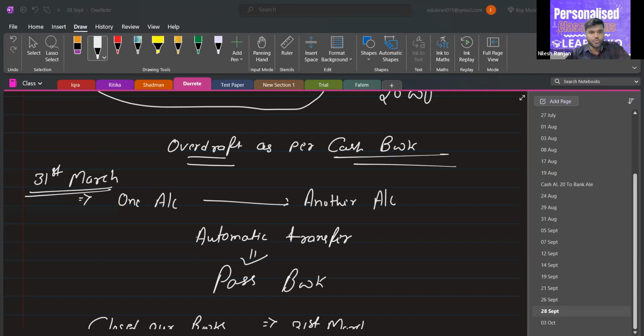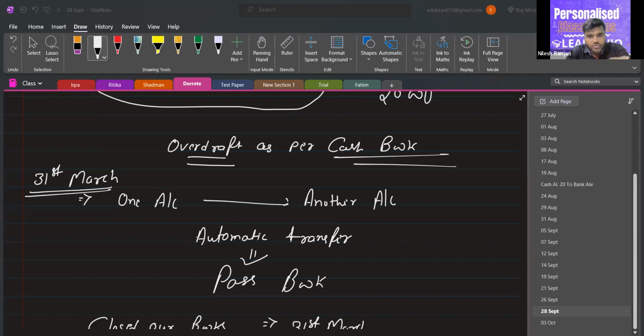Okay, let me read the question. Raghavan Company have two bank accounts, account number 1 and account number 2. From the following particulars relating to account number 1, find out the balance on that account on March 31st, 2017, according to the cash book of the firm. Checks paid into bank prior to March 31st, 2017, but not credited for rupees 10,000.